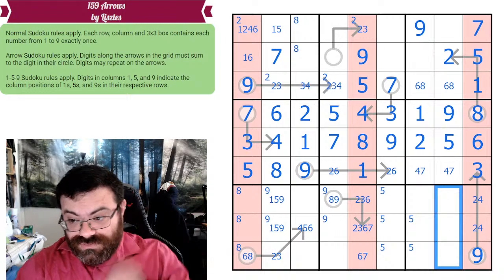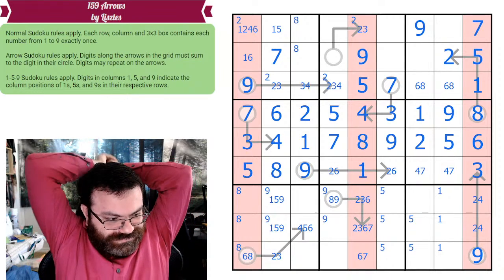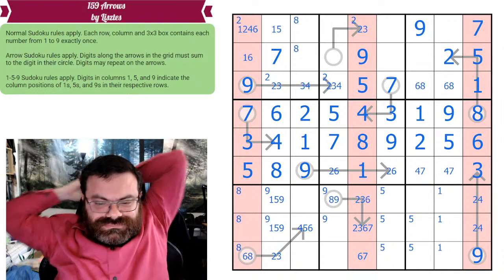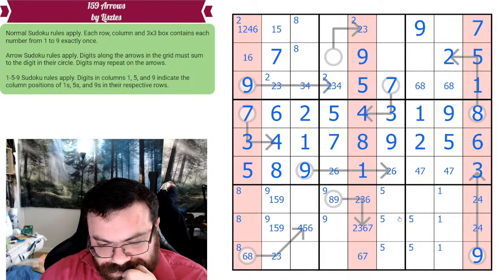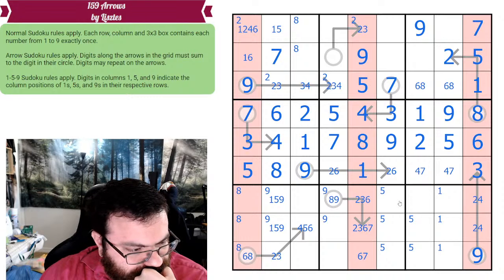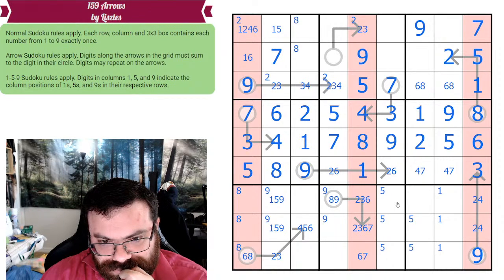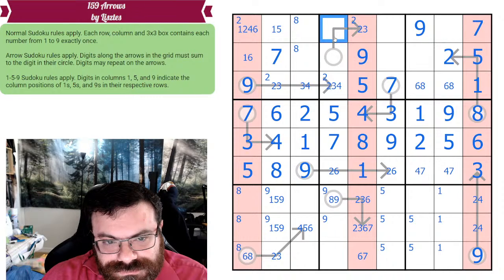Well, there's a 1 in one of these. Maybe this other arrow? This can't be a 2, so at best we're 2, 4. No, we could be a 1 still, though.